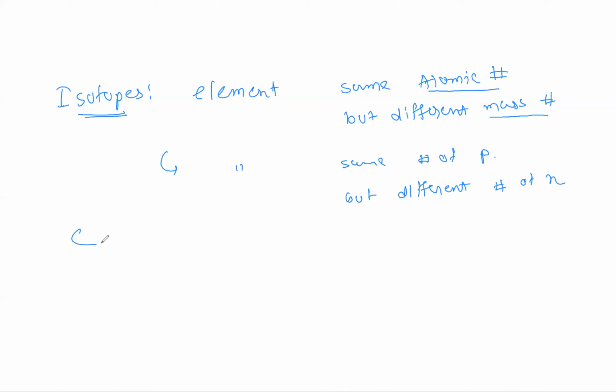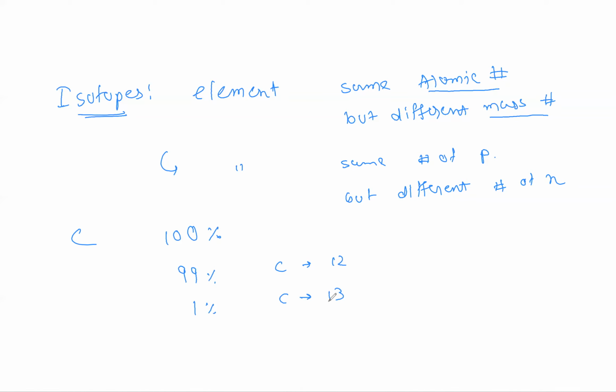Let's assume we find 100% of the carbon from digging some land. Out of 100%, 99 have a mass number of 12, for example, and 1% has mass number 13.